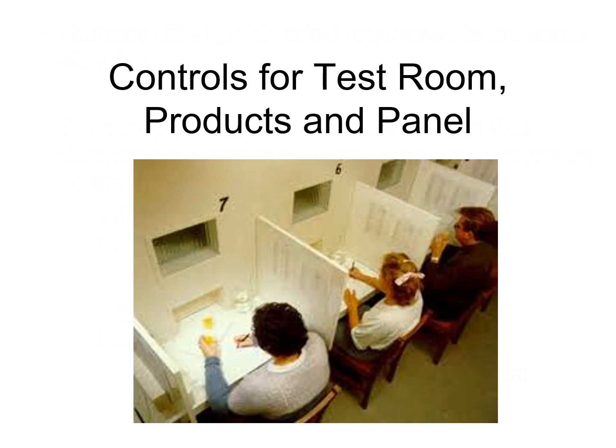So, controls for test room, product and panel. This is very important. Sensory evaluations are carefully controlled to ensure reliable and valid results. The key considerations are the environment. The testing area should be free from any odors, noise or distraction.